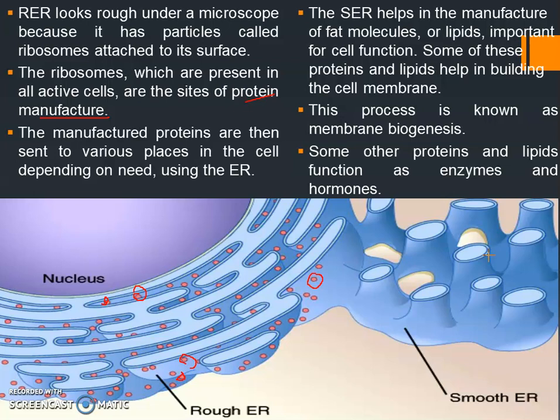And now what happens to this manufactured protein? The manufactured proteins are then sent to various places in the cell depending on need, using the endoplasmic reticulum. So protein synthesis happens in the ribosomes on the rough endoplasmic reticulum, and depending on the need of the various places in the cell, they will transport this manufactured protein to different organelles of the cell.